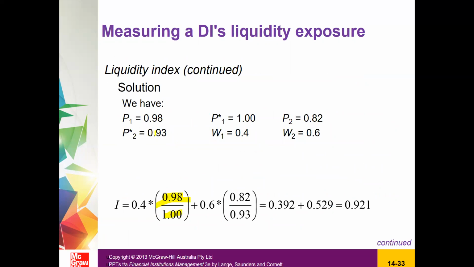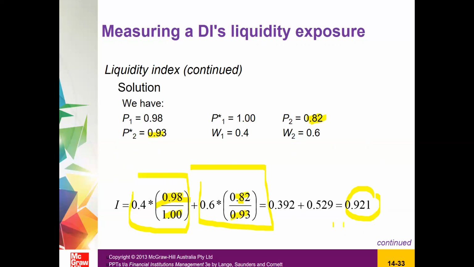In the second asset, which is a loan, if it liquidates now, it gets 0.82. However, after 1 month, as it becomes closer to maturity, it will get 0.93. So the current price is 0.82, but the 1 month ahead price is 0.93. And 40% is the weight of the first asset and 60% is the weight of the second asset. So you can see that the liquidity index is 0.921.